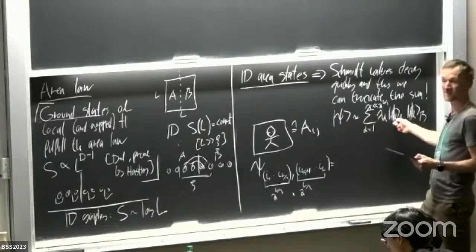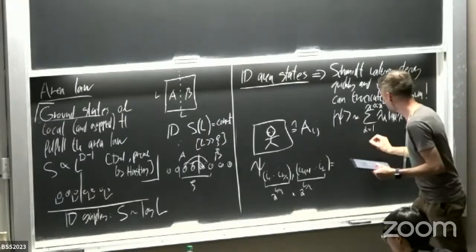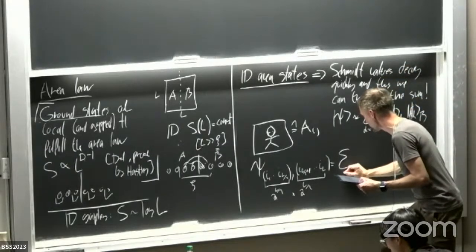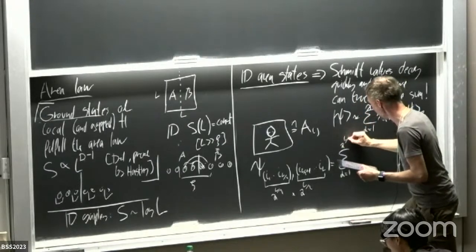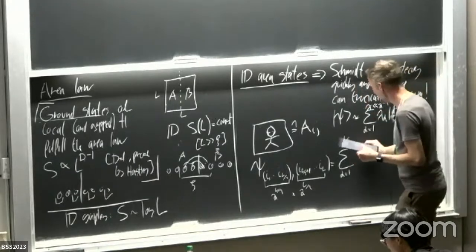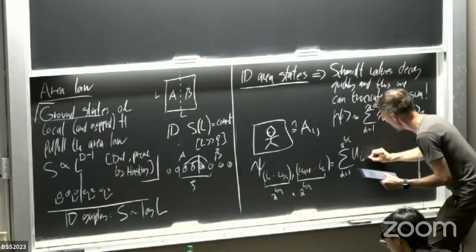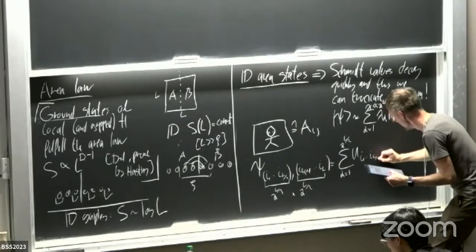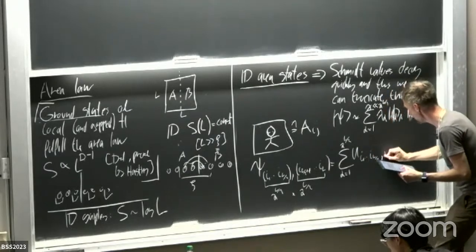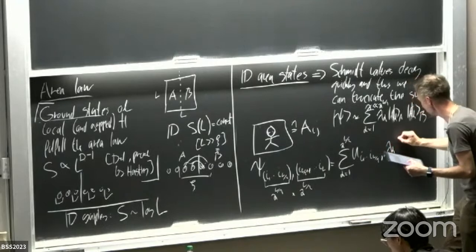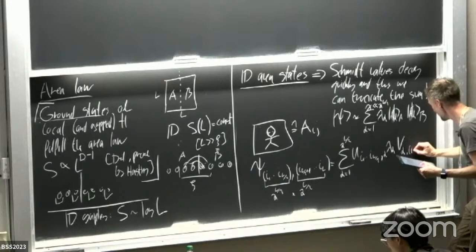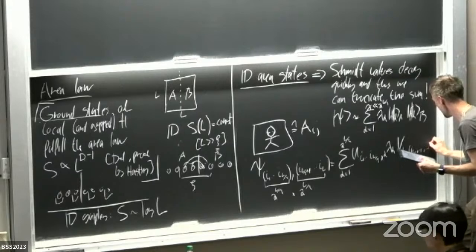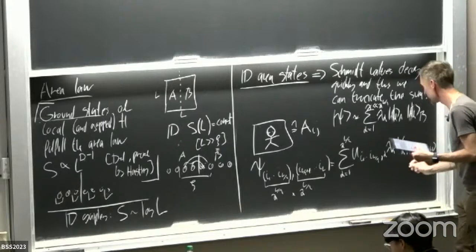And this matrix I can decompose in the following way: a sum over alpha from 1 up to 2^{L/2} of U with indices i_1 through i_{L/2} and alpha, times lambda alpha, times V alpha with indices i_{L/2+1} up to i_L.